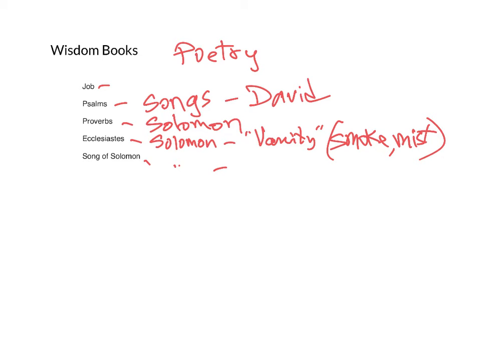And it's really a love story, an allegory about a young man and a beautiful young woman and their love for each other. But it's really an allegory about the relationship between God and his beloved, which is, of course, us.